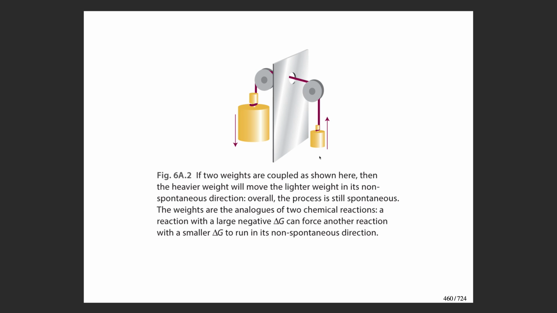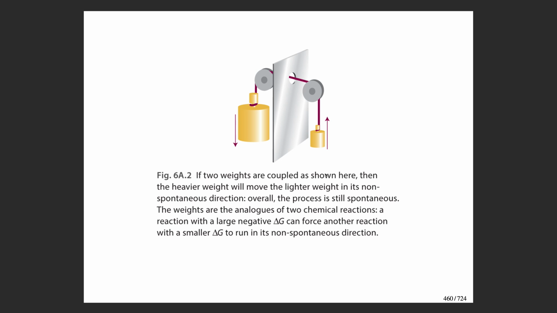So if you look here on the right, imagine that the process of lifting this mass up, independent of what's on the other side of the divider here, is a non-spontaneous process, right? The mass spontaneously raising itself off the ground is non-spontaneous.